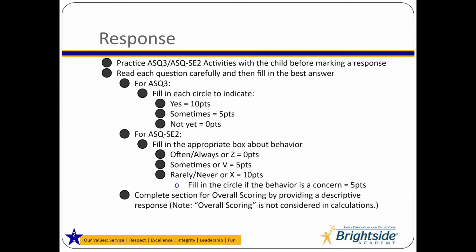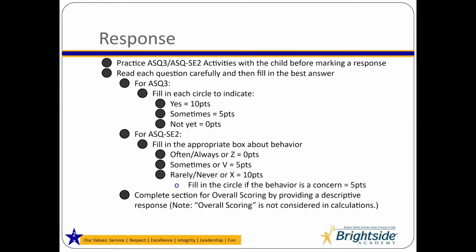For the ASQ3 screen, fill in each circle to indicate either yes, sometimes, or not yet. If you've answered yes for the ASQ3 screening, you've seen that child perform that skill all of the time.